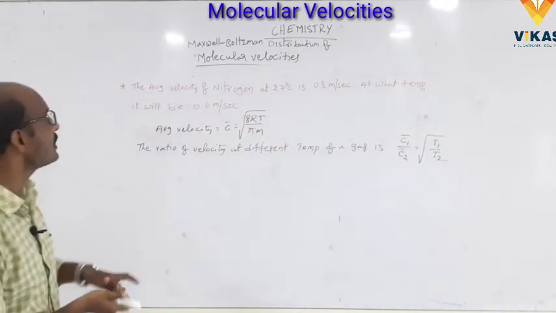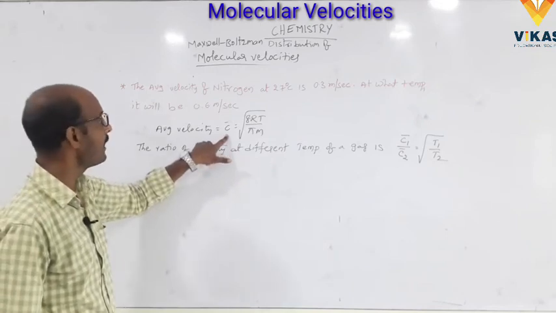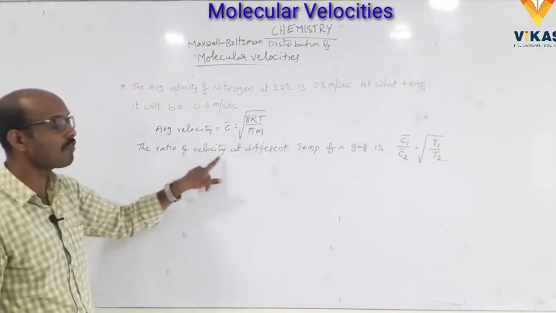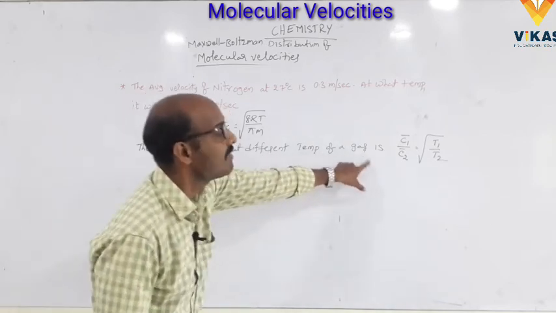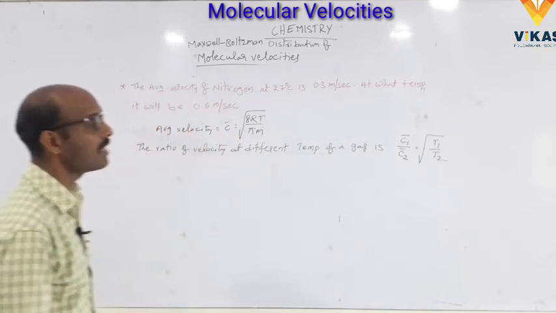Actually the average velocity is C bar equal to the square root of 8RT by pi m, but based on this, the ratio of average velocity at different temperatures is C1 bar by C2 bar equal to the square root of T1 by T2.